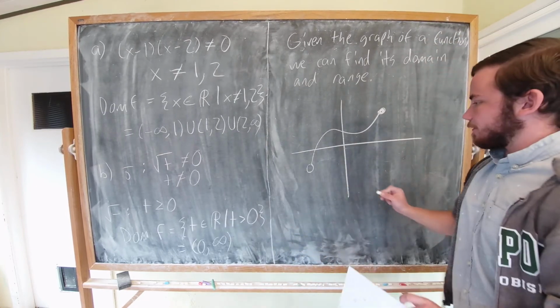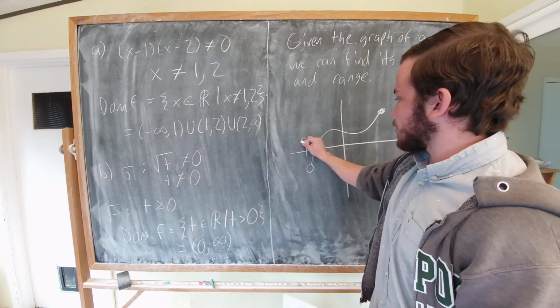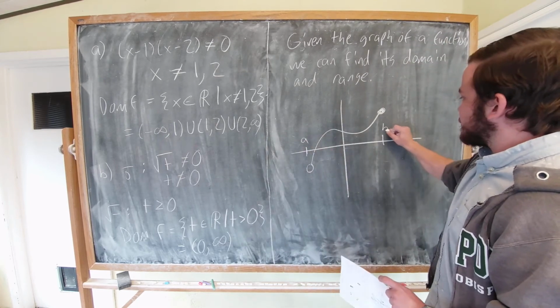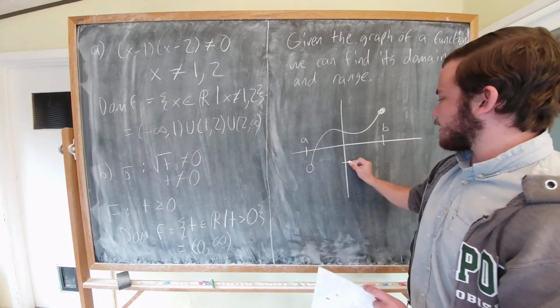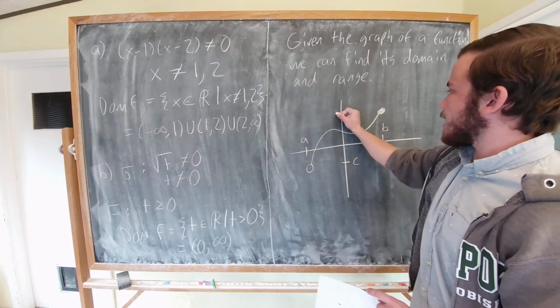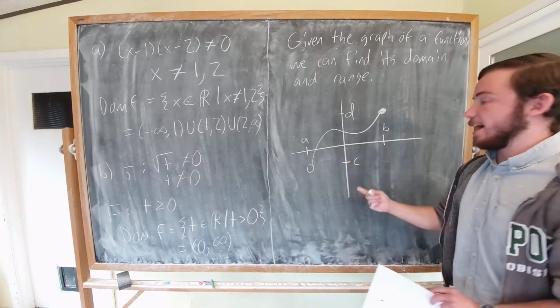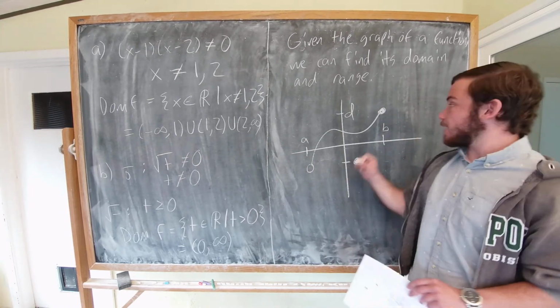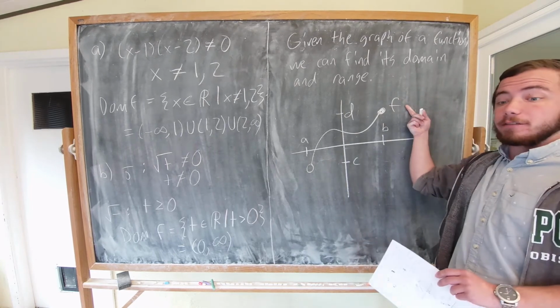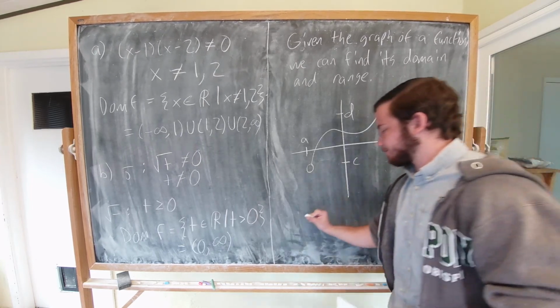Let's say that this is our function. Let's call that A, B, C, and D. So we have our labeled graph for this function here. We can actually read the domain and range of our function f right off the graph.